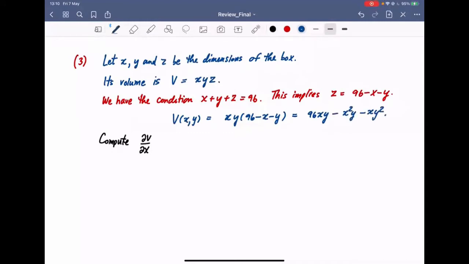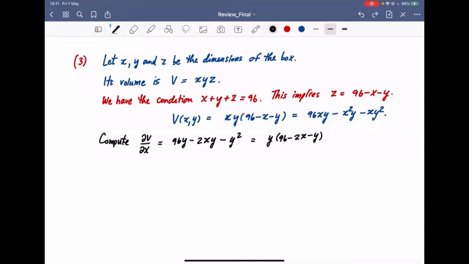This way you can avoid the product rule, and differentiating V with respect to x gives 96y minus 2xy, and then minus y squared. A lot easier, right? If you simplify a little bit, you can pull out y, so you get y times (96 minus 2x minus y) equals 0. Okay, that's the first.